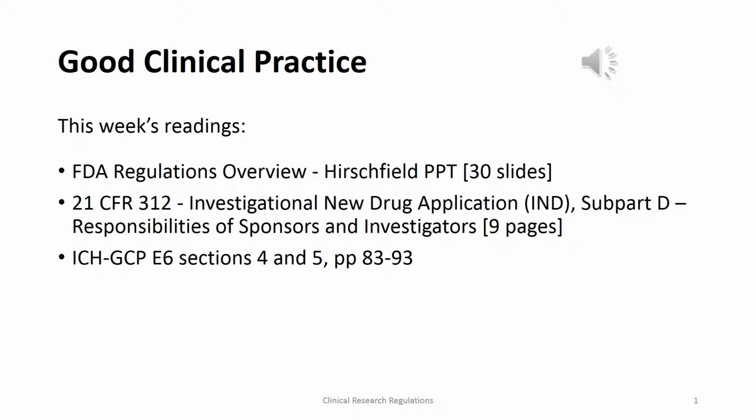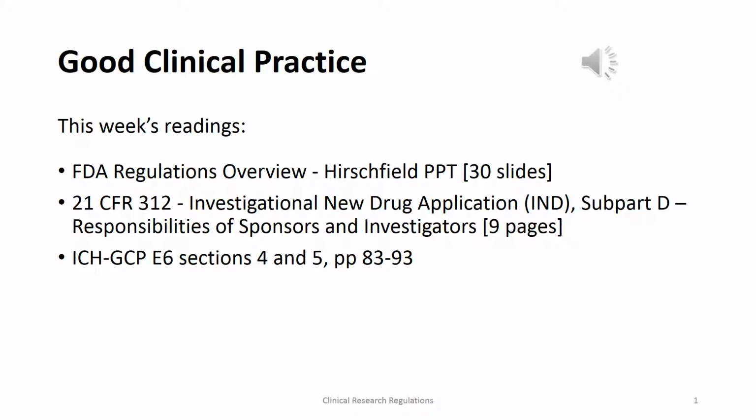The other section of good clinical practice that I want you to take a look at is ICH GCP E6 sections 4 and 5. They are in your textbook starting on page 83, and they're about 10 pages or so.